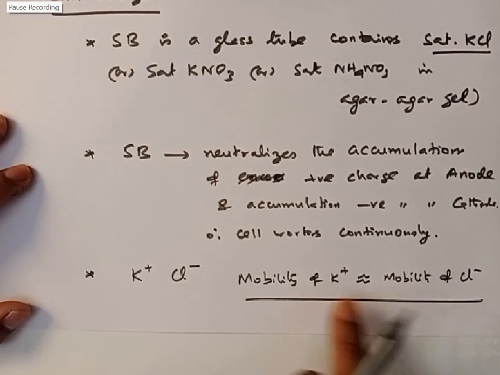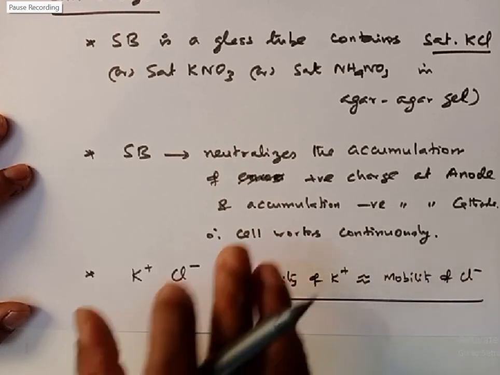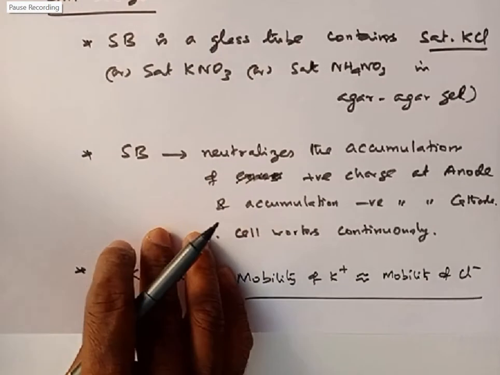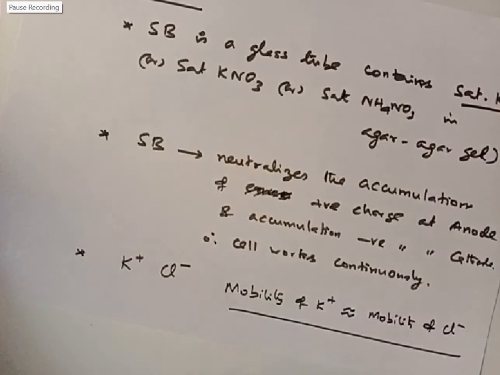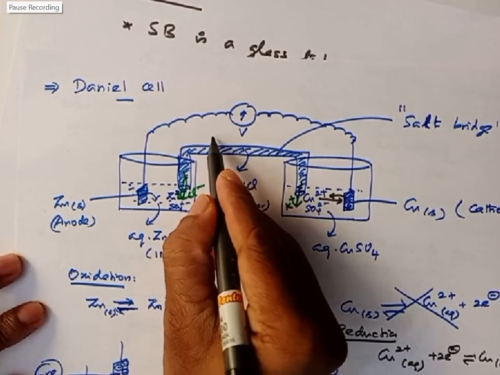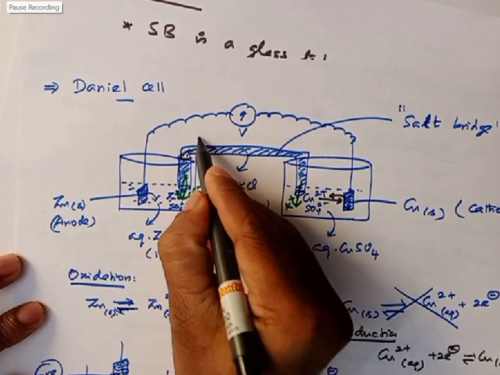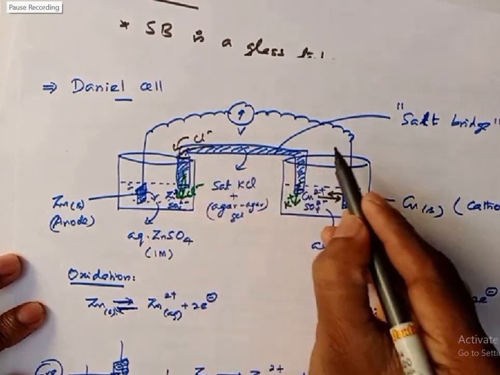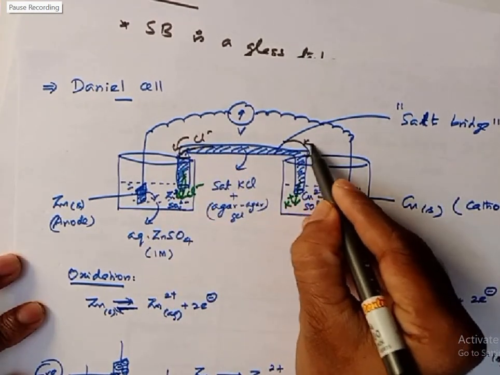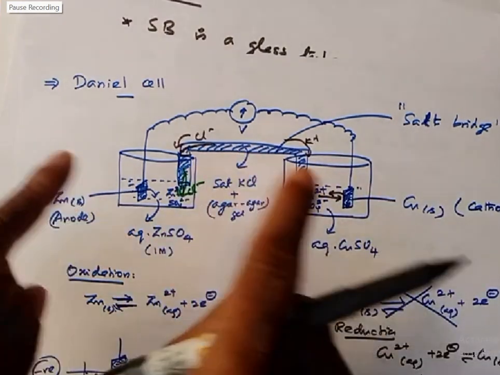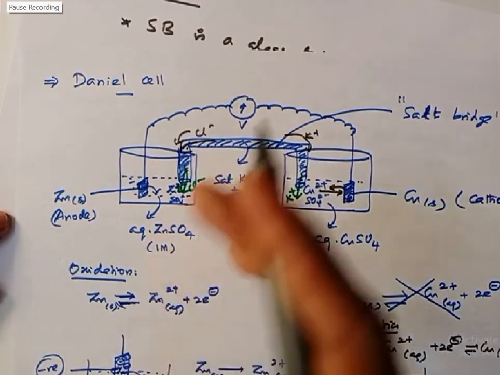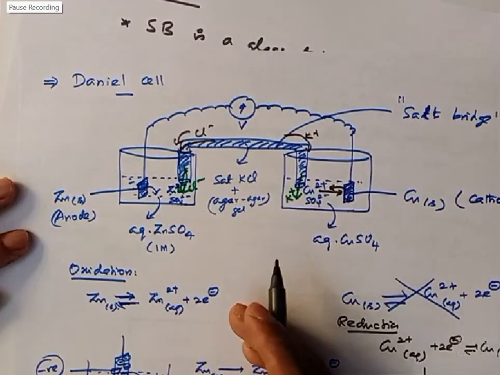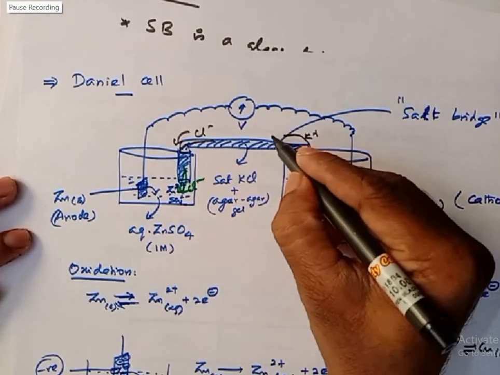Since the mobilities of these ions are almost same, what will happen? These ions are moving in the opposite direction, right? See, I have told you, in the cell, chloride ion is moving. Inside the salt bridge, chloride ion is moving in this direction and potassium ion is moving in this direction. The ions are moving in the opposite direction. Because of that, there is a potential developed called liquid junction potential.